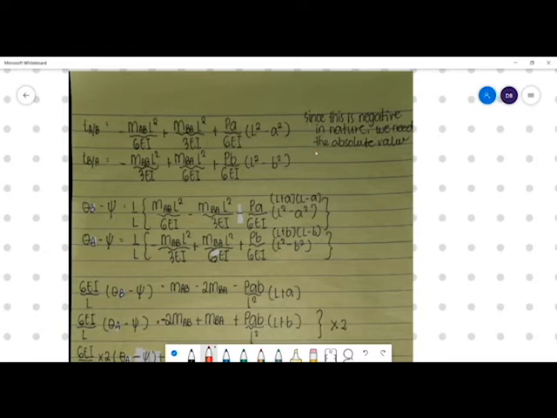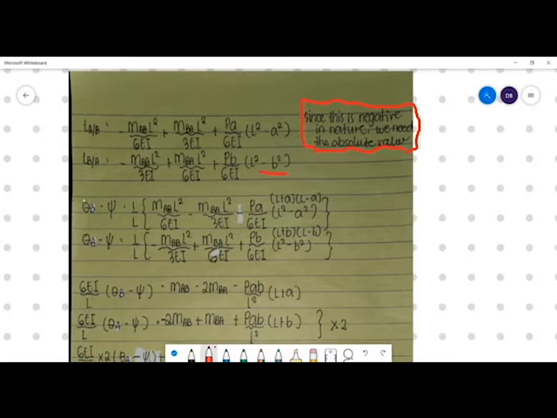As I said, the relationship between the tangential deviation and the slope is regardless of sign convention, so we are just going to get the absolute value, assuming it's a positive integer. The tangential deviation of B with respect to A is equal to negative M sub AB L squared over 3EI plus M sub BA L squared over 6EI plus PB over 6EI times L squared minus B squared.